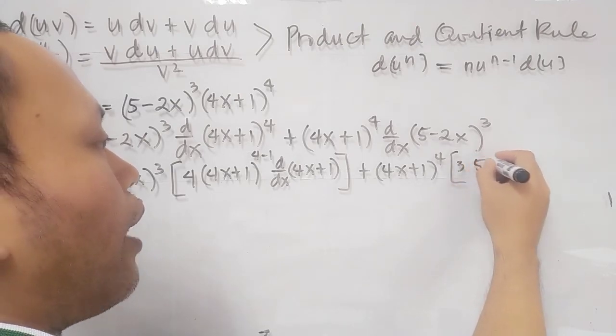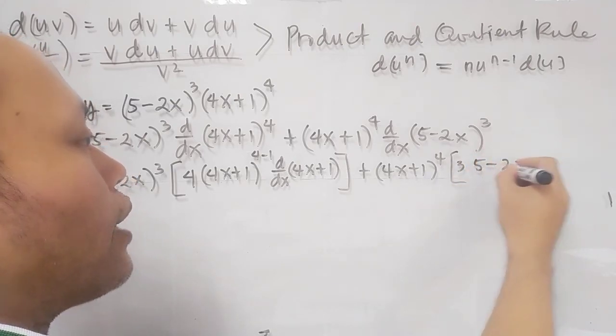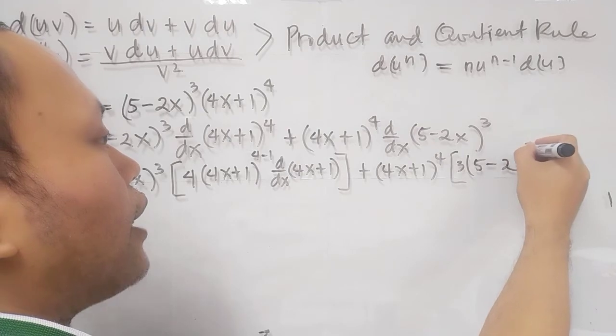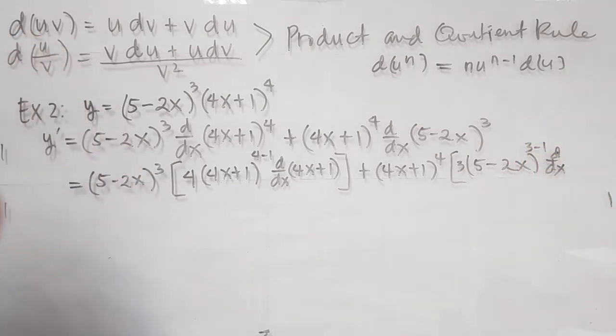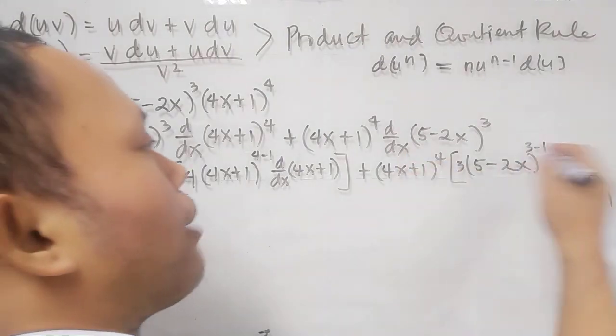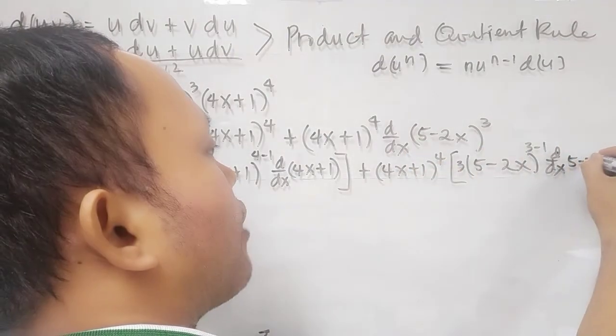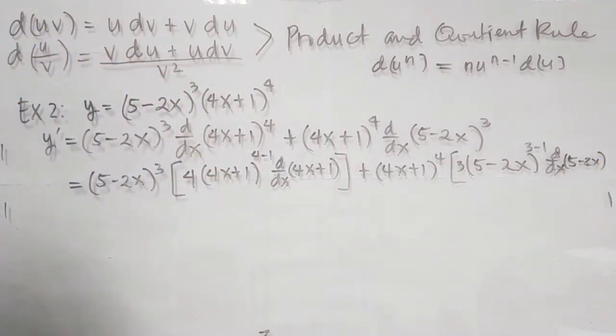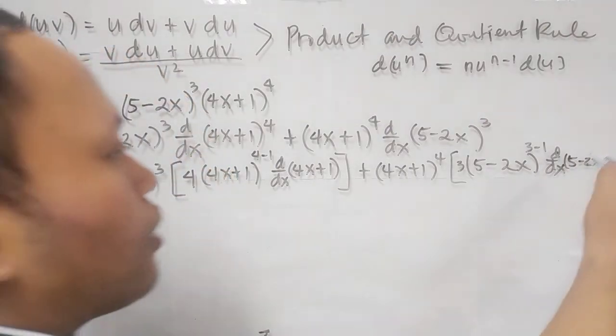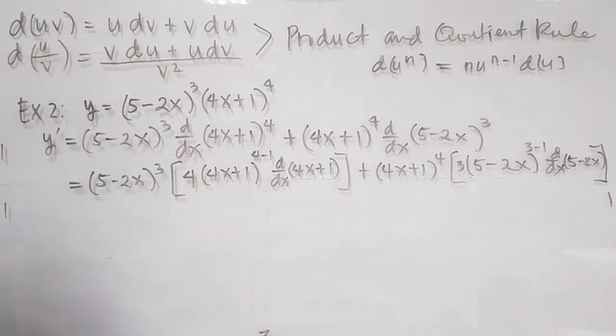You have 5 minus 2x, and then 3 minus 1, times the derivative of 5 minus 2x. So that is how we compute our derivative.